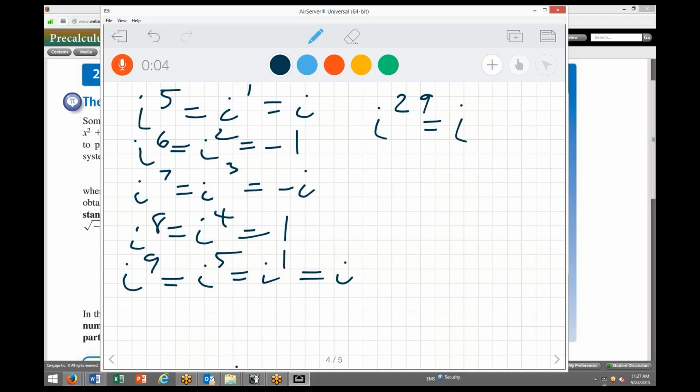So it's the same as i to the first. It's just i. i to the 103rd power, we divide 103 by 4. 4 goes into 100 evenly, 25 times. The 25 is not really relevant. 4 goes into 100 evenly, leaving a remainder of 3. So i to the 103rd is the same as i to the third. It's just -i.